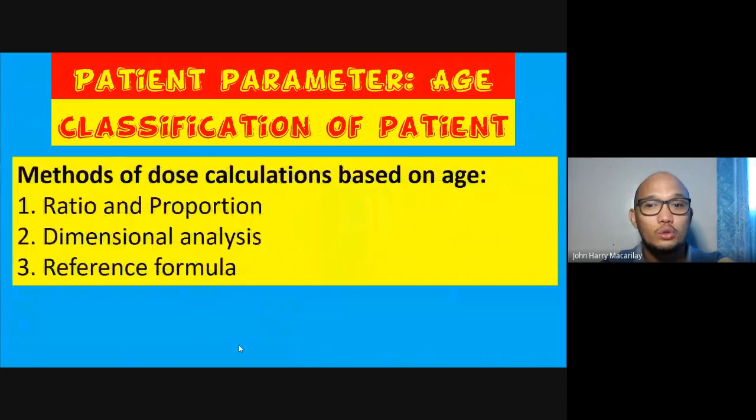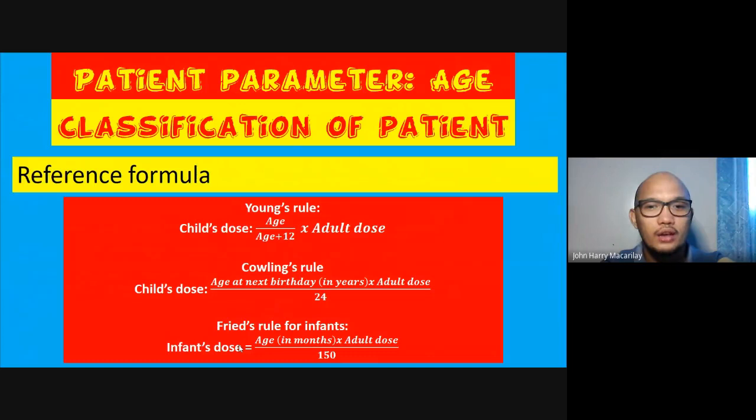For the method of dose calculation based on age, we can again use ratio and proportion, dimensional analysis, and the reference formulas. For the reference formulas, we have these three: Young's rule, Cowling's rule for child's dose, and Pride's rule for infants. So for child's dose, you have Young's rule and Cowling's rule, and for infant's dose, you have Pride's rule.